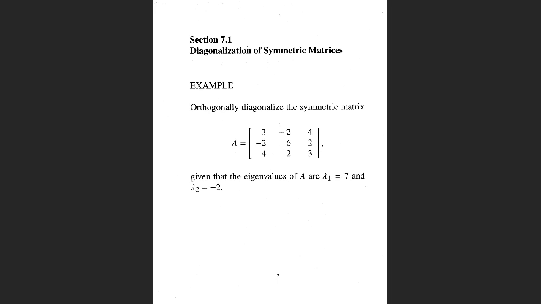How many eigenspaces are there for this symmetric matrix A? Eleni, how many eigenvalues are there? Two.